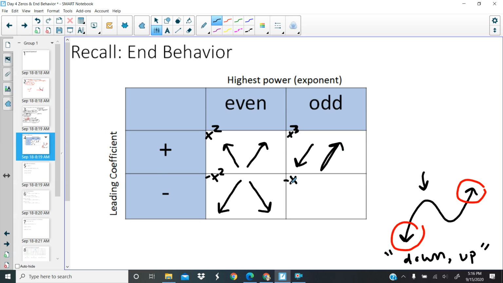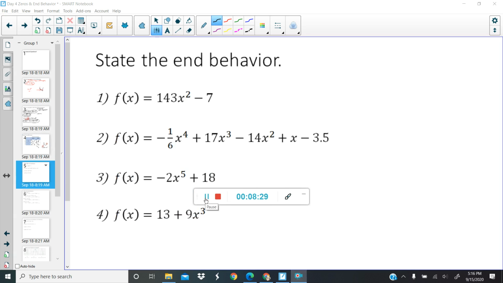Think of negative x cubed, which is going to be shaped kind of like that. On the left-hand side, it's pointing up, and on the right-hand side, it's pointing down. So that would be up, down. If you didn't remember this from last year, take a minute to go ahead and jot this down in your notes.